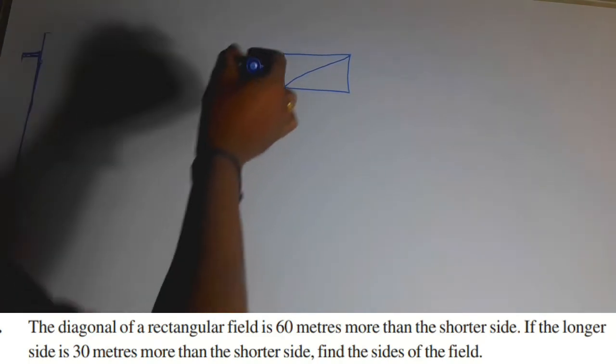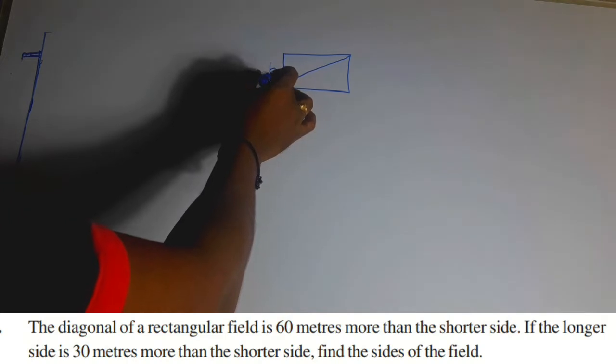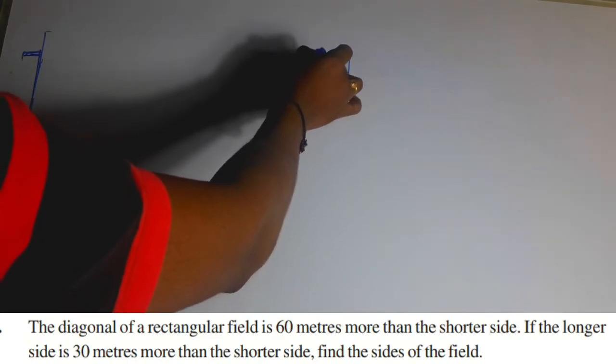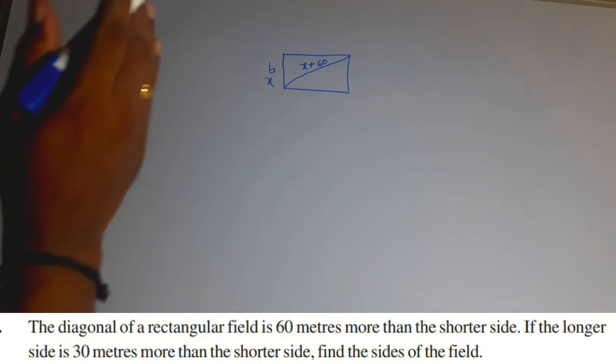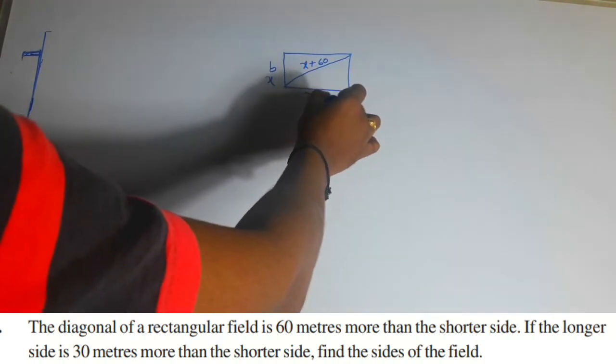Here the diagonal is 60 meters more than its breadth. Let it be x, so it becomes x plus 60. One more condition is given: the longer side is 30 meters more than its shorter side, so it becomes x plus 30.